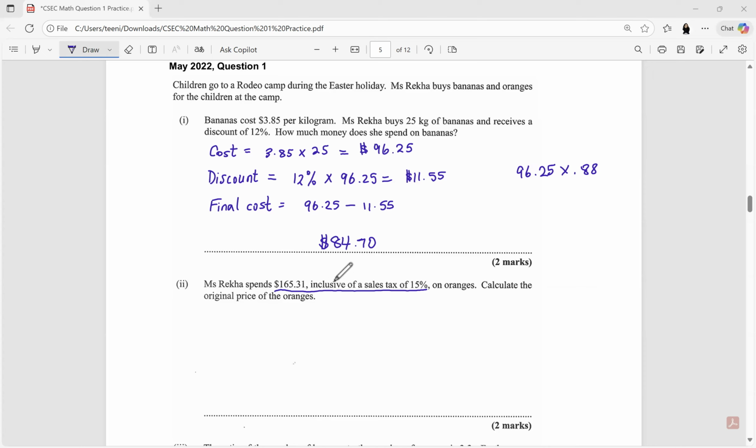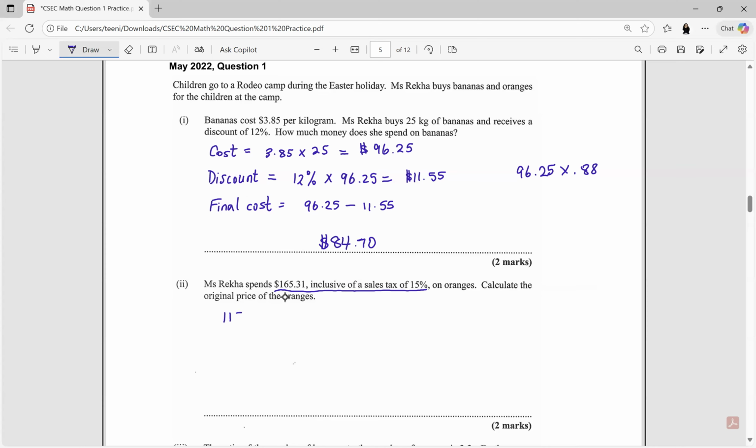$165.31 is inclusive of the sales tax of 15%, right? So that means if you have a price inclusive of sales tax of 15%, that price would be worth 115% of the original price.